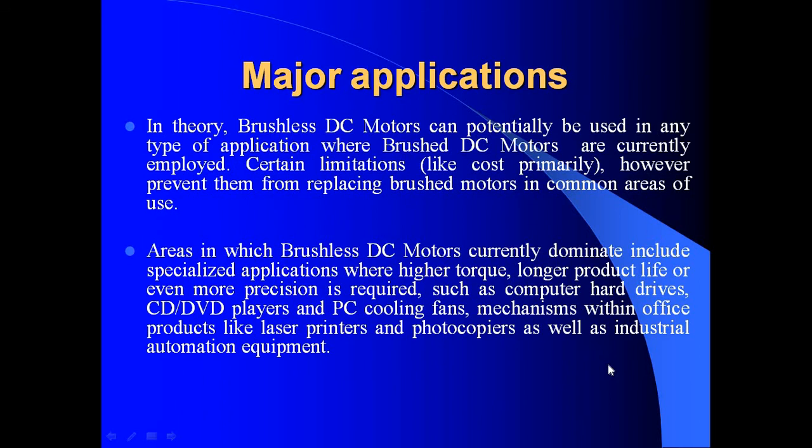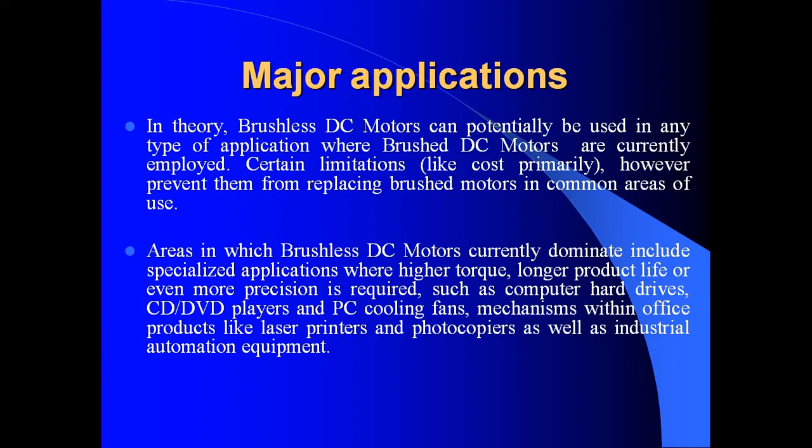Major applications: in theory, a brushless DC motor can potentially be used in any type of application where brushed DC motors are currently employed. Certain limitations, like cost primarily, however, prevent them from replacing brushed motors in common areas of use.